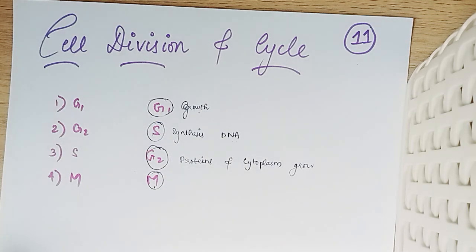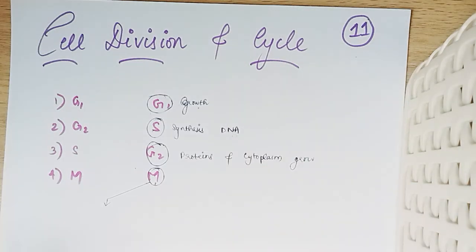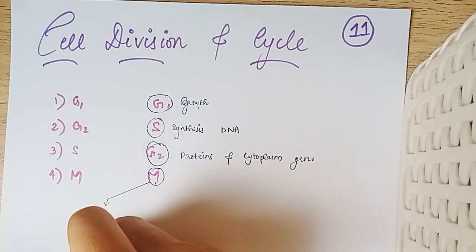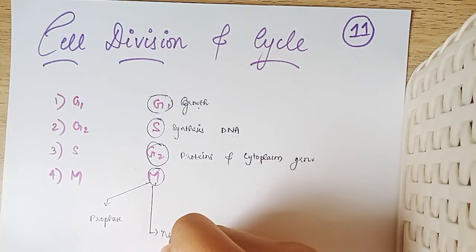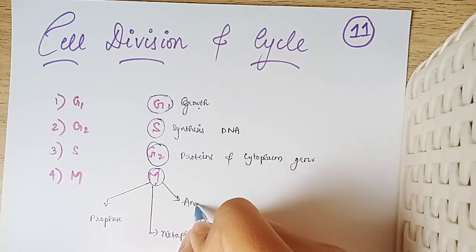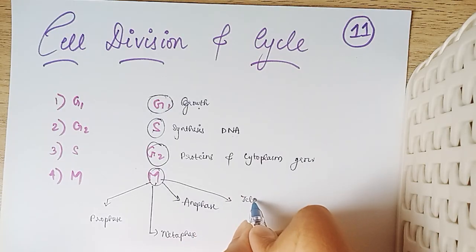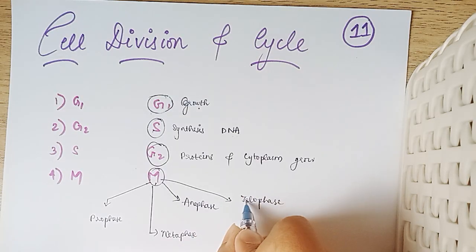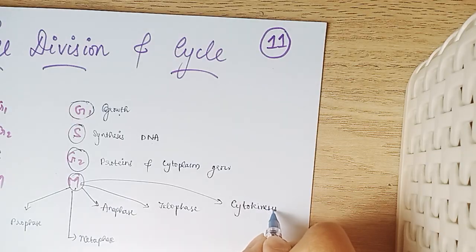The mitotic phase is split into 5, with number 1 being prophase, number 2 metaphase, number 3 anaphase, then comes telophase, and then finally cytokinesis.